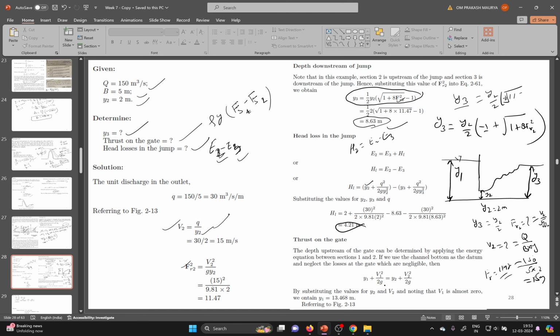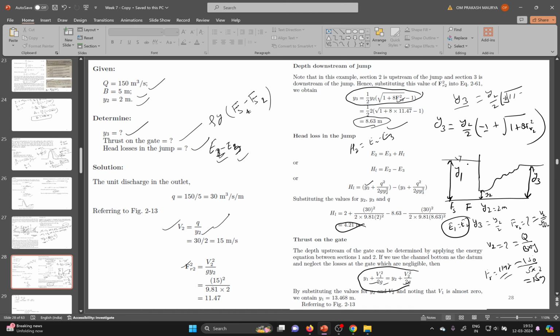So for Fs1 you need to calculate y1. How will you calculate y1? If you equate the specific energy, that is E1 equal to E2, E1 is equal to E2, V1 you know, V2 you know already.